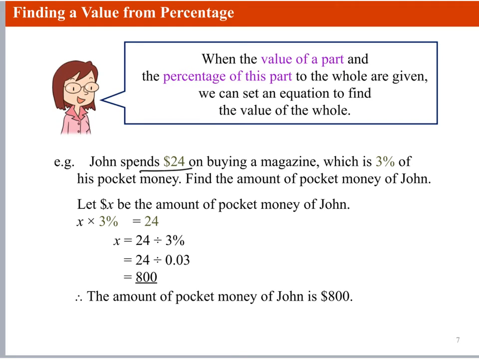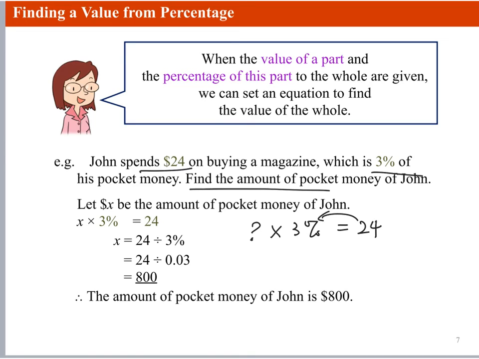John spent $24 on buying a magazine, which is 3% of his pocket money. And we need to find the total amount of pocket money of John. We don't know the total number, but we know the percentage, and we know the amount of money of the 3%.